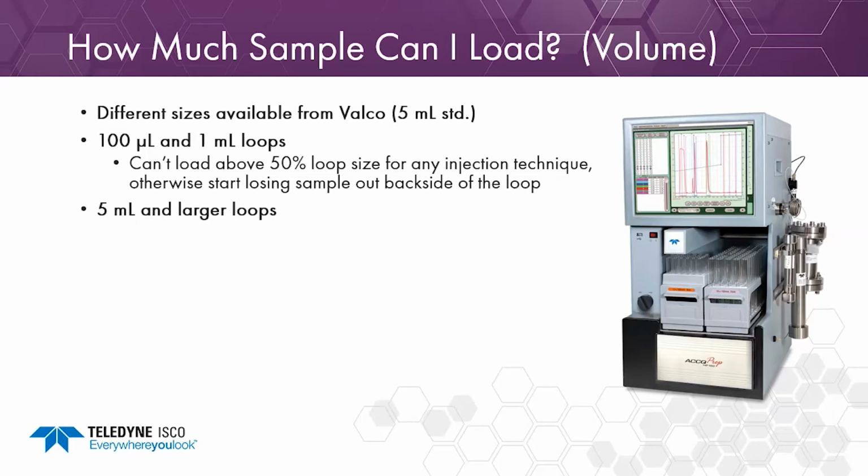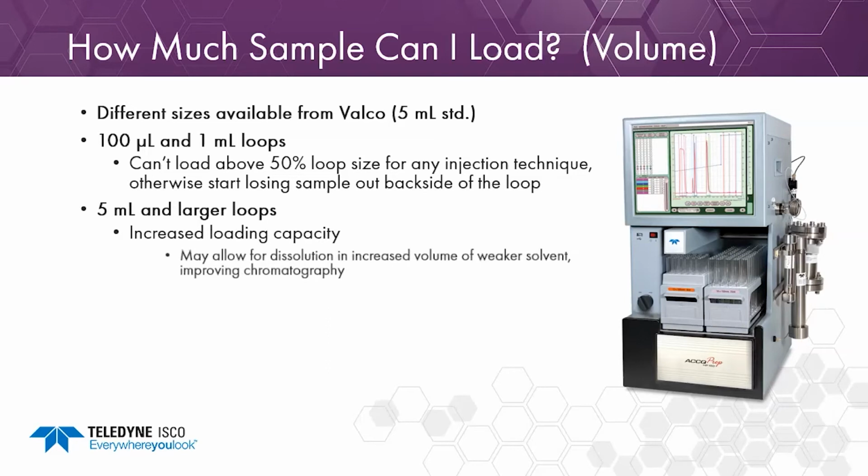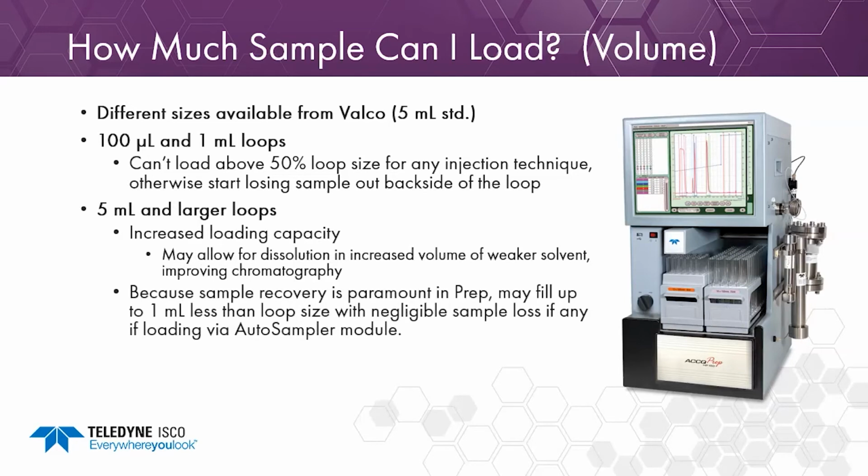For my 5 mil and larger loops, I do have increased loading capacity because the flow dynamics change in that tubing. And this allows you to dissolve your compound in increased volume of weaker solvent potentially and improve your chromatography that way. And because sample recovery is paramount in prep, you can fill up the 5 mil loop to 4 milliliters and not lose any, and you have negligible sample loss due to the loading effect if you're using an auto sampler module.